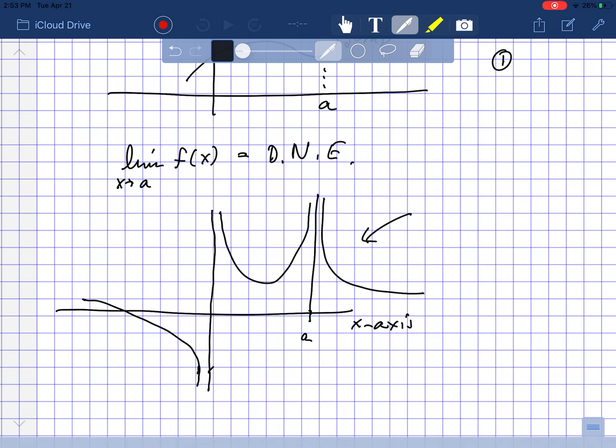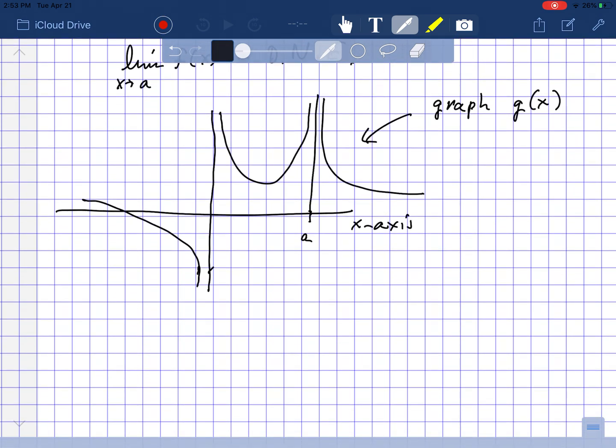And so this is the graph of some function that I'll call g of x. And what we have are vertical asymptotes at x equal a, and let's say x equal b, where x equal b happens to be this point here.